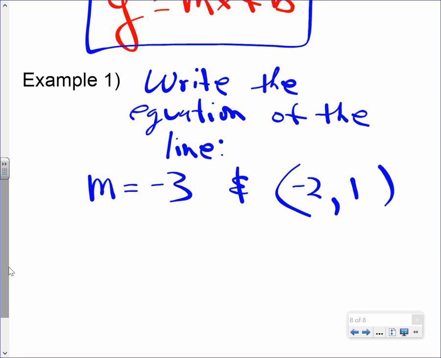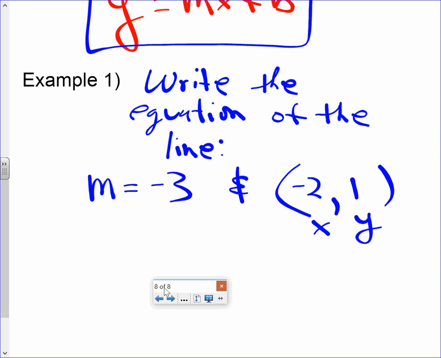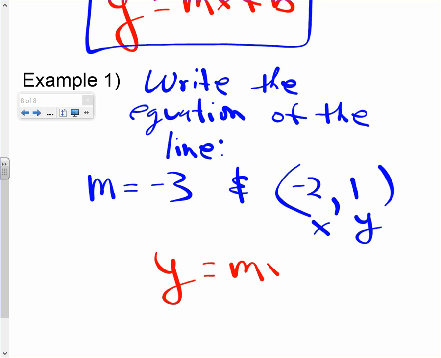But I have given you the point it passes through, negative 2, 1, which is an x and y coordinate. We could still find b using some algebra, and that's exactly what we're going to cover today. We have the slope. We need to find our b, our y-intercept. So in red, you're going to do this with me, go ahead and write y equals mx plus b.